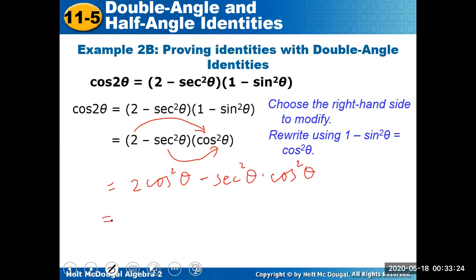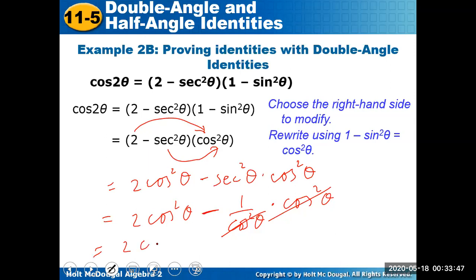Now 2 cosine square theta minus, what is sec square theta? We know that sec is the reciprocal of cosine. So sec square is 1 by cosine square theta, and then into cosine square theta. So cosine square and cosine square cancel. What's remaining? 2 cosine square theta minus 1.